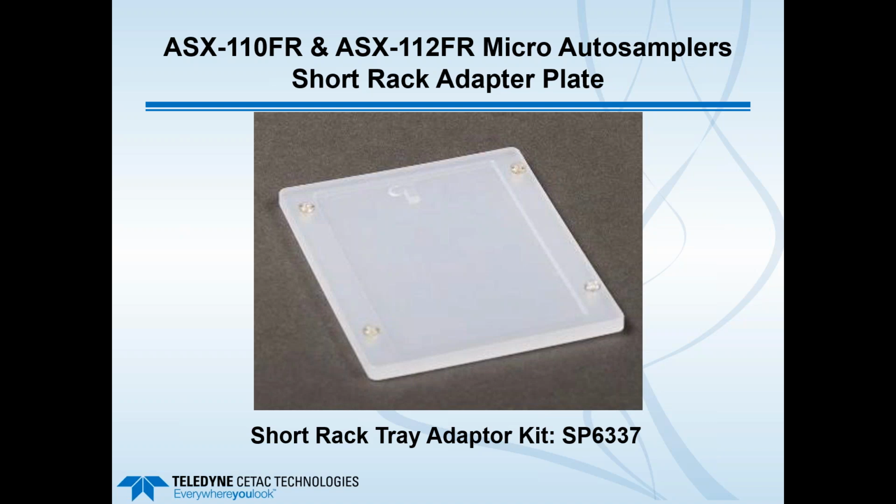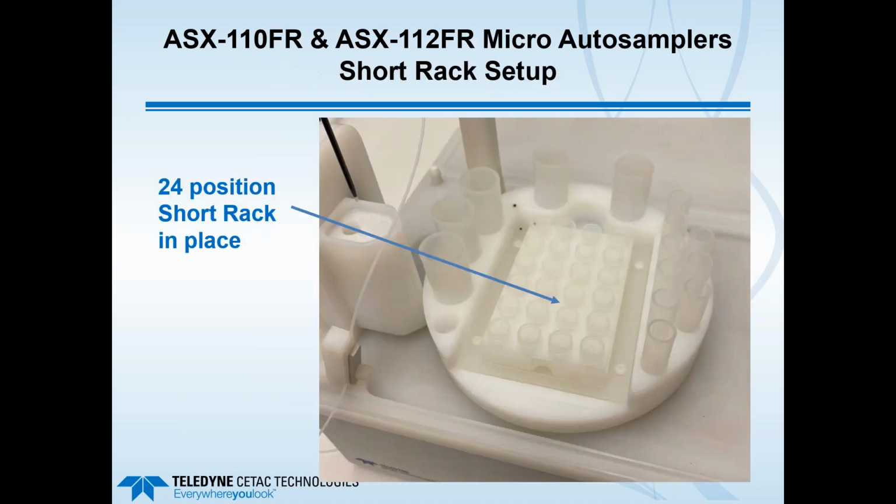There's the short rack tray adapter kit that, of course, you can acquire and would need to have if you wanted to switch between a tall setup, which I'll show you a little bit later, and the short. And there is an example 24 position short rack in place right in the middle of that adapter plate.